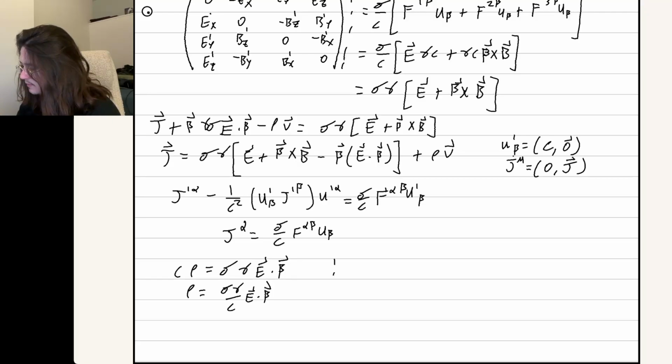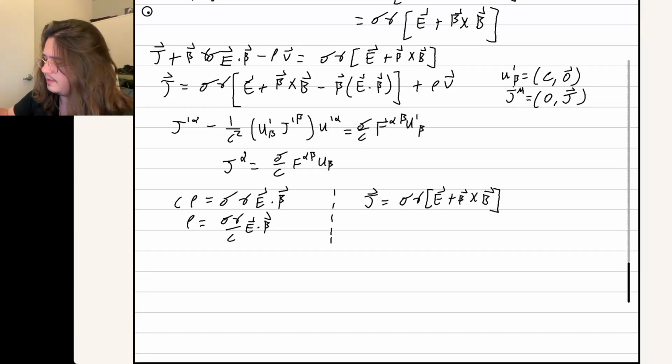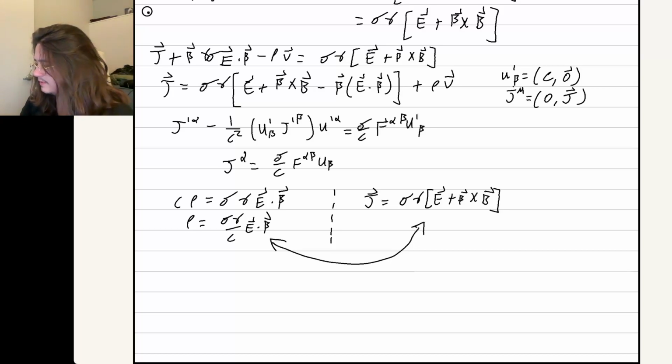But then also looking at the space components of that, we have the 3-current on the left side, and we also already did the right-hand side for the space components, and we ended up with sigma gamma times E plus beta cross B. So yeah, if rho is 0 in the rest frame, then you get this charge density and this current density in the moving frame. So that's pretty interesting. All right.